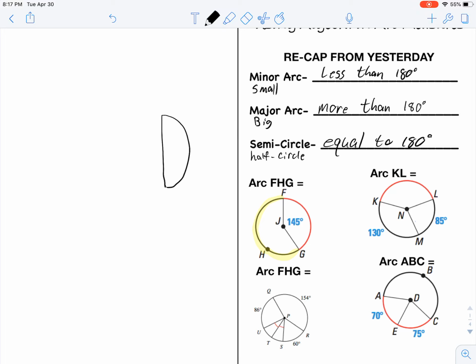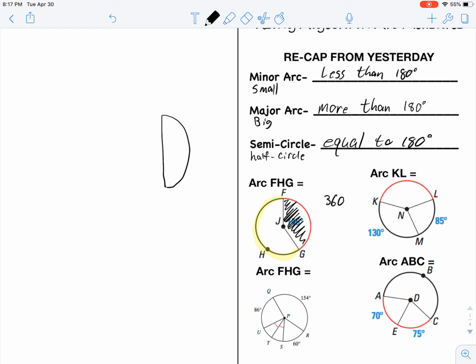So let's look at this. A whole circle. How much was a whole circle worth? If you look up on the board, it should say 360 degrees. Well, I know part of my circle. I know that this part is worth 145. Well, if I take that part away, I'm left over with what I need.